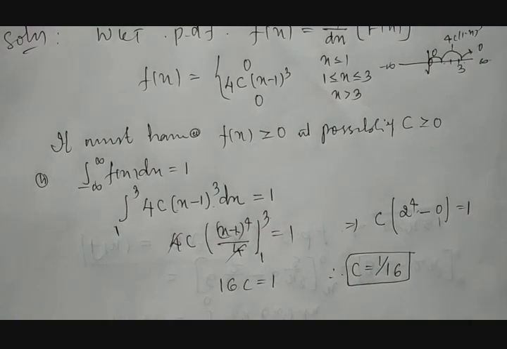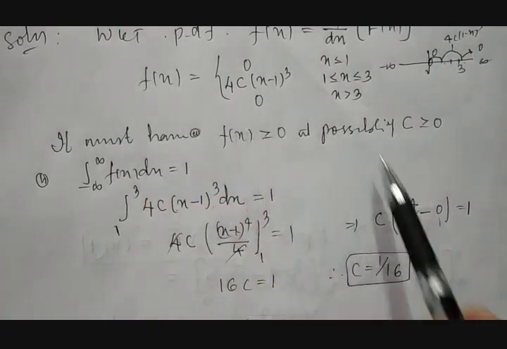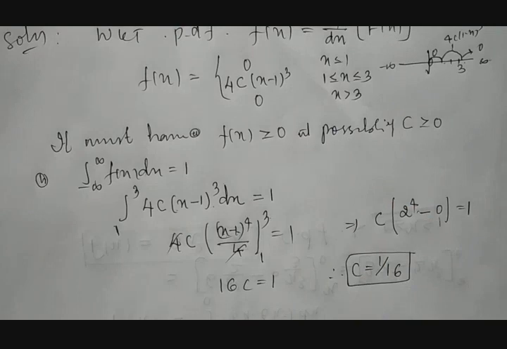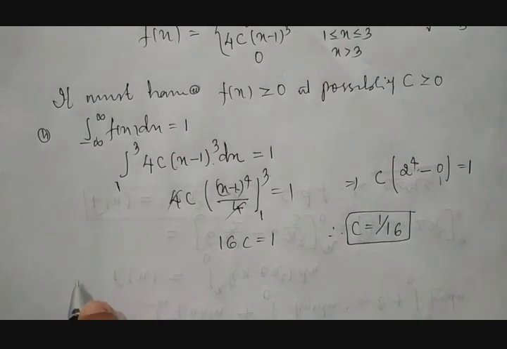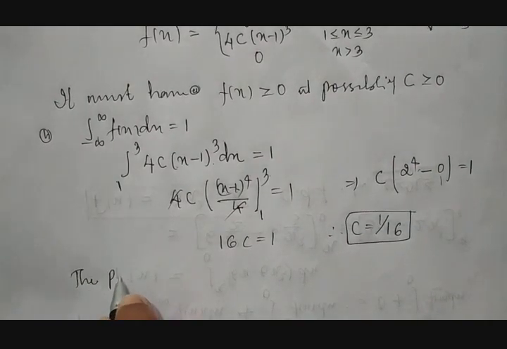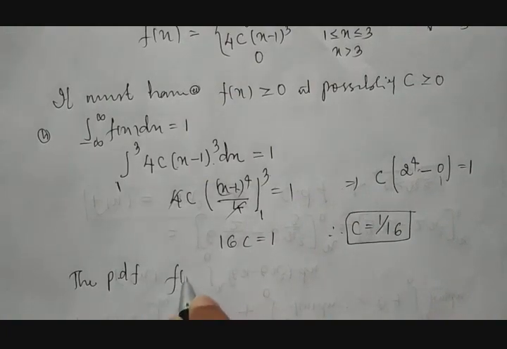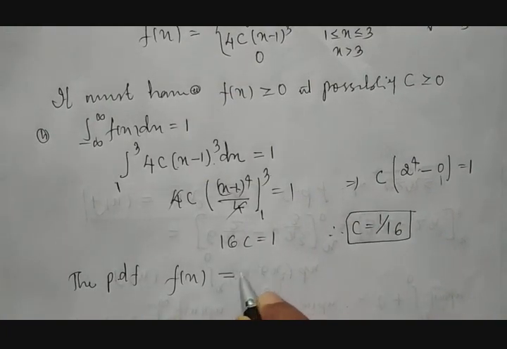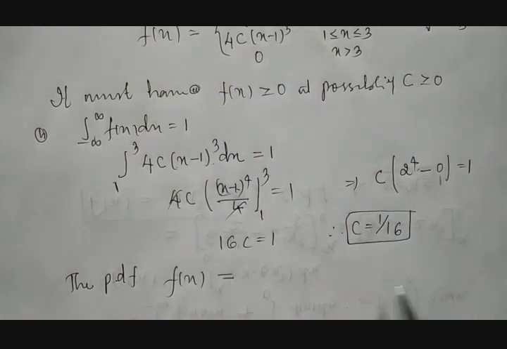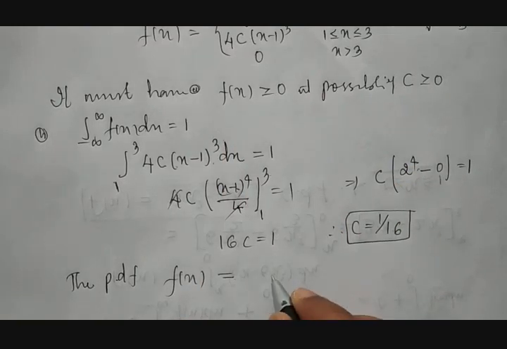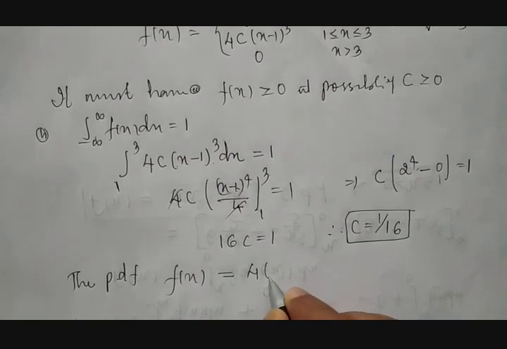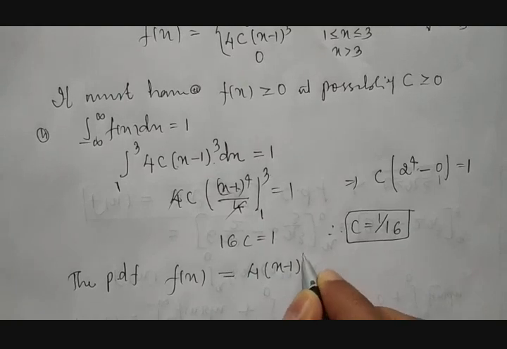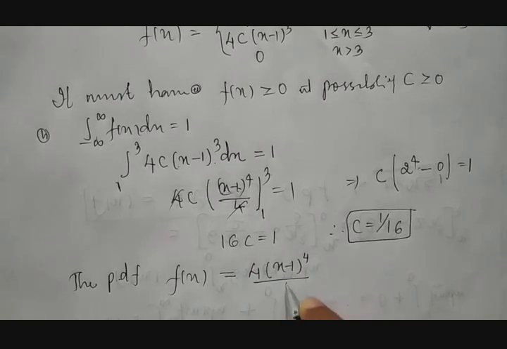Therefore in this f of x you substitute the value of c. The probability density function f of x is equal to 4c, but c is equal to 1 by 16, so it becomes 4 times (x minus 1) raised to 3 divided by 16.